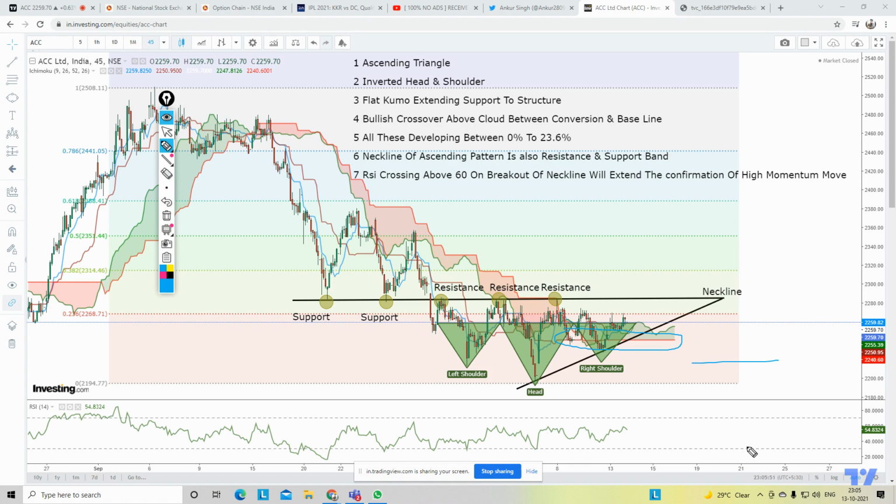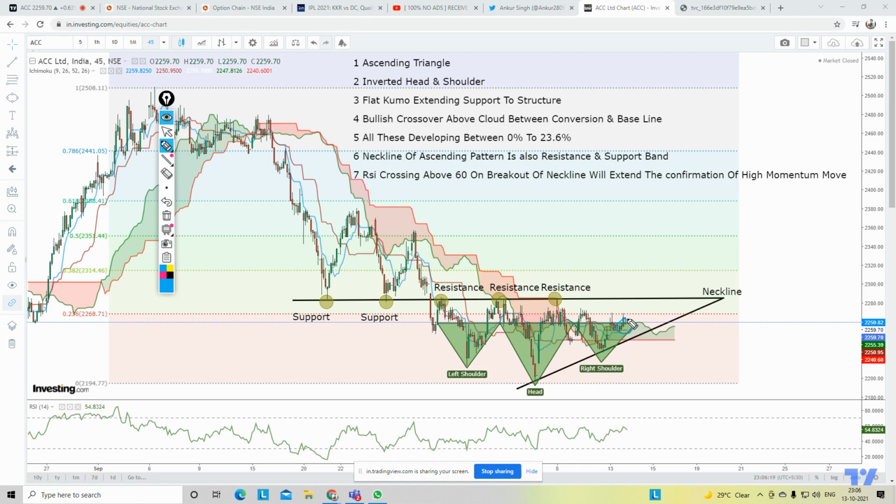So with respect to Ichimoku cloud, we can see that even the cloud is trying to indicate to us that there is a support to the current momentum. The fourth is bullish crossover above the cloud. So as I have discussed in my previous video also, a bullish crossover between the conversion and the baseline happening above the cloud is a more bullish sign.